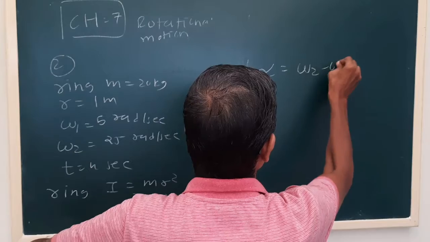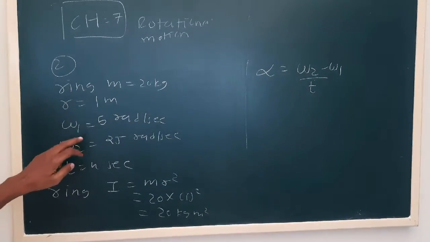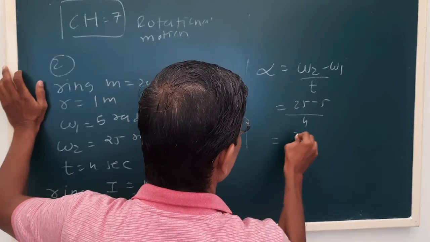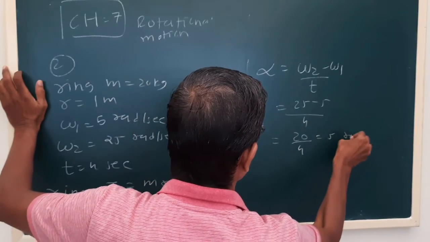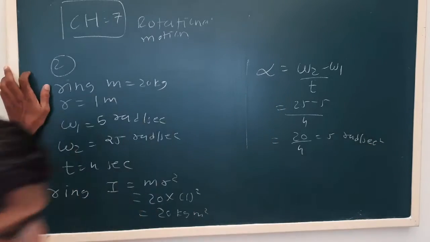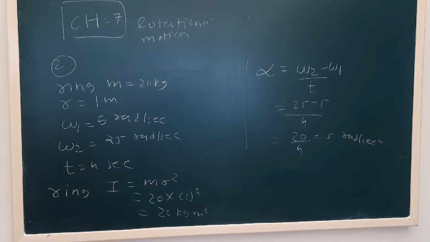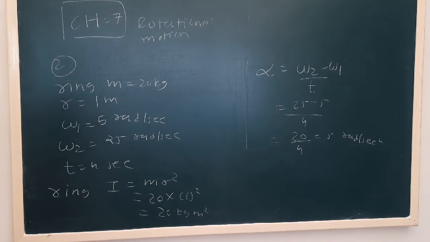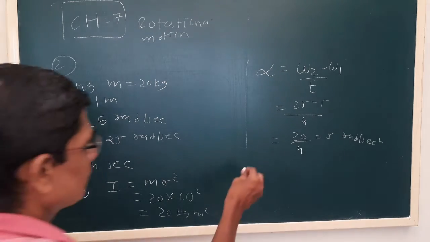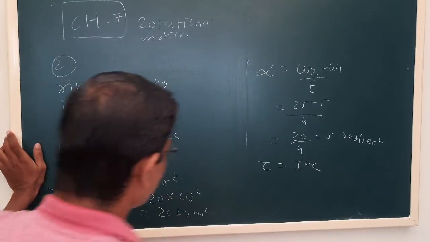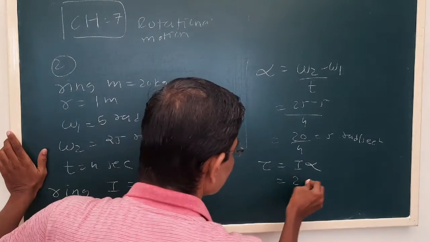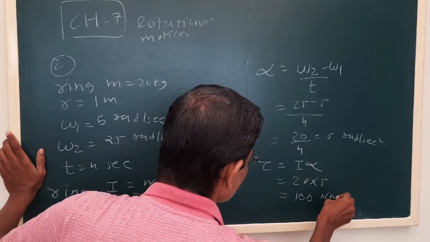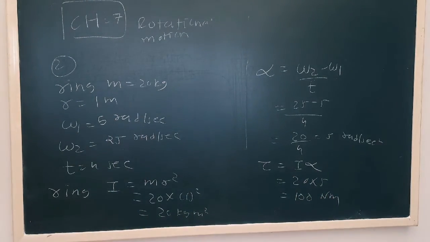Omega 1 is 5, omega 2 is 25. The angular acceleration alpha we obtain is 5 radian per second square. Now see the equation, torque is equal to I alpha. I we have obtained is 20, alpha we have obtained is 5, so the torque acting is 100. What is the unit of torque? Torque is in Newton meter.